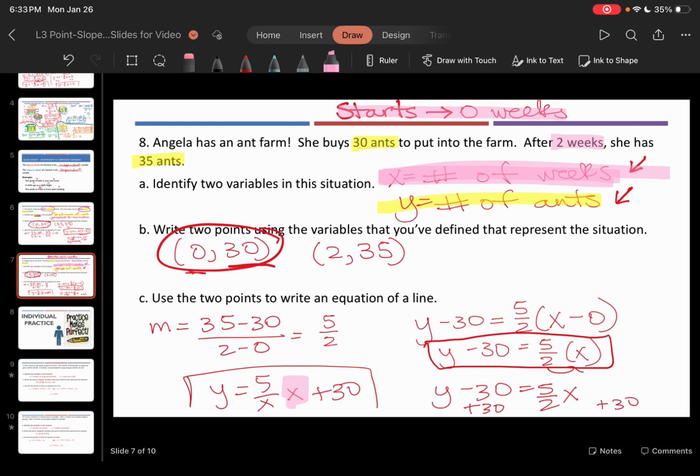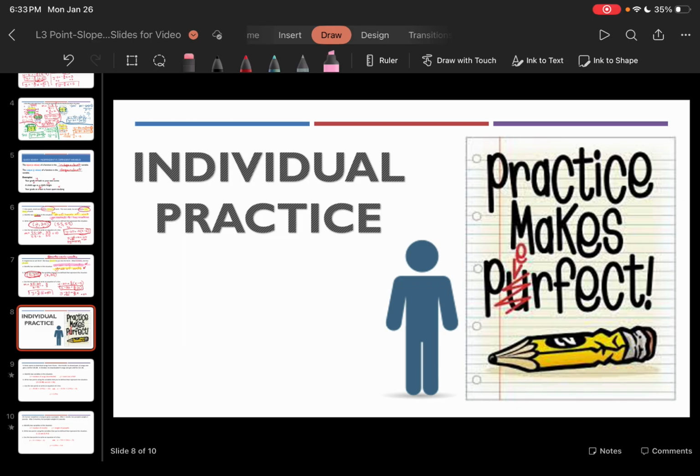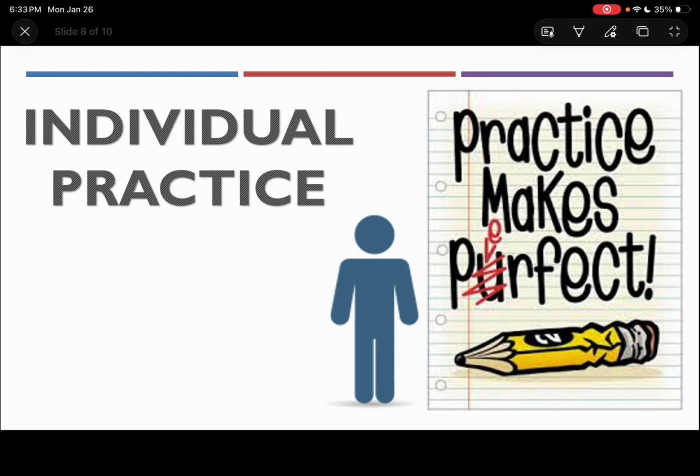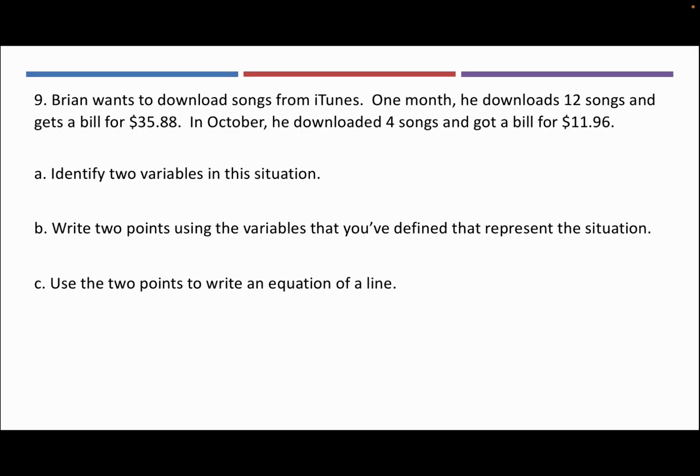Okay, so we did some good example problems together. Next step is I am going to have you do some of your own practice problems. So ready? I'm going to put a problem up here. You're going to take a minute and read this, and you're going to follow this process. You're going to pause the video, follow this process, work through the problem, and then when you unpause it, we'll go over it together.